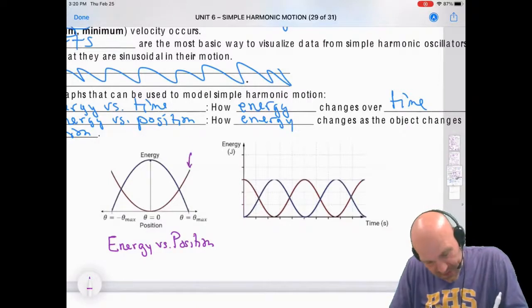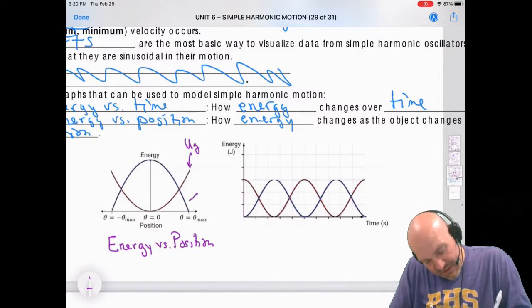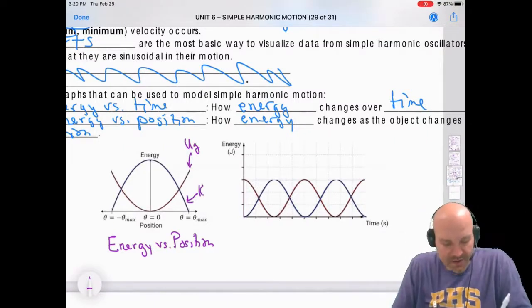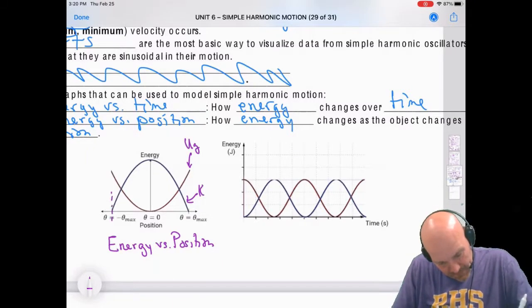This line here is our potential energy. Let's say this is a pendulum. This is our kinetic energy. How do we know? Because it's a max at the extremes.